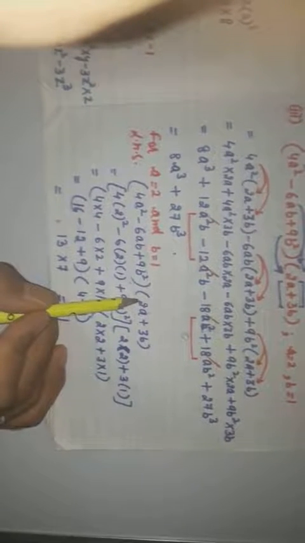Then bracket close. Then again a second bracket for the binomial, 2 into a, that is 2 into 2 plus 3 into b, that is 3 into 1. After calculating it, we will get 16 minus 12 plus 9. 4 plus 3 is equal to 7.